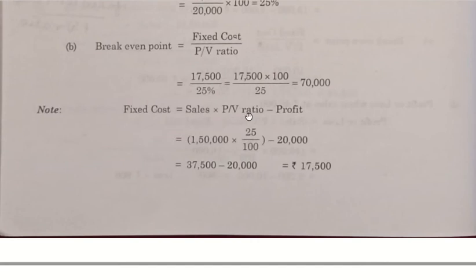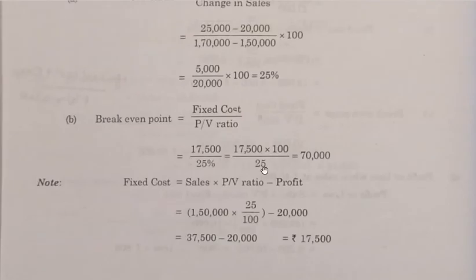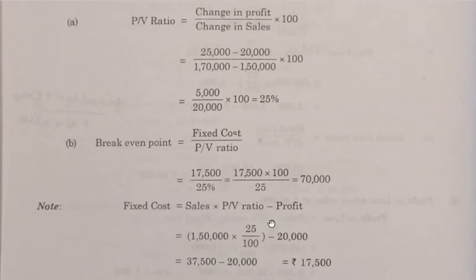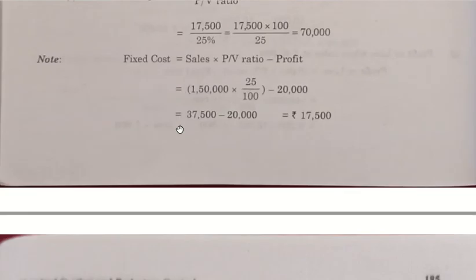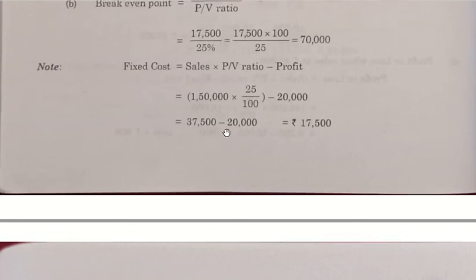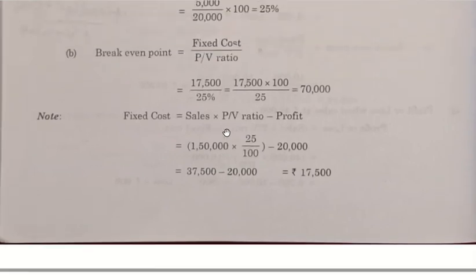So fixed cost is equal to sales into PV ratio minus your profit. So for the last year, which is 1,50,000 into PV ratio 25% minus your profit, how much is your profit that they have given? It is 20,000. So for any 1 year you can find it out using this ratio. So we are finding it for the first year. So 37,500 minus 20,000, which we get 17,500.